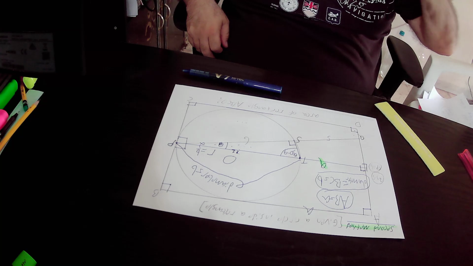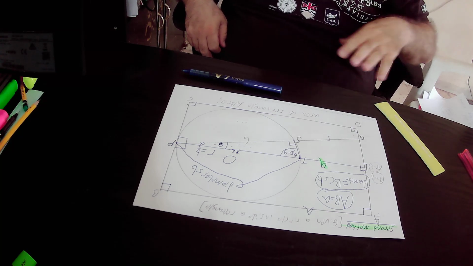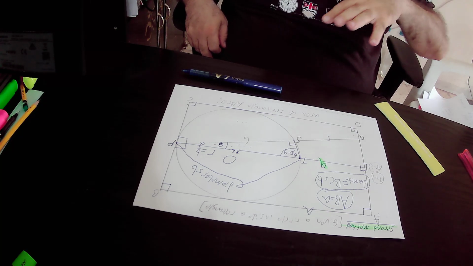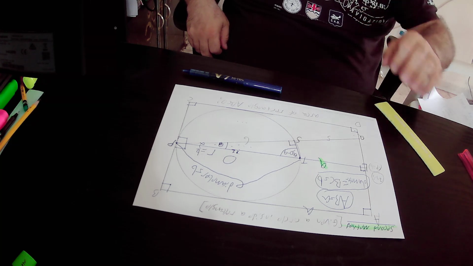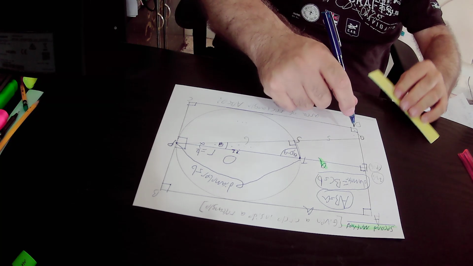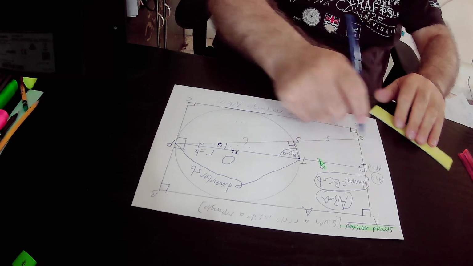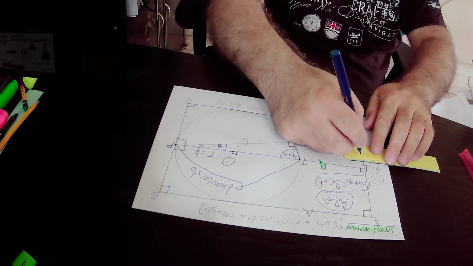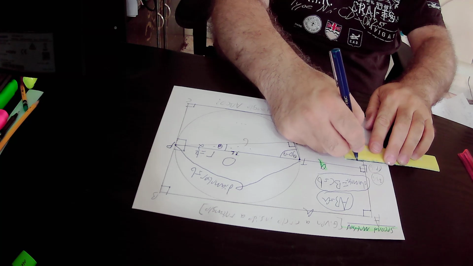And any quadrangle that has 3 right angles, its fourth angle must also be equal to 90 degrees. So here inside, the fourth angle, that's angle DLP, must be equal to 90 degrees.